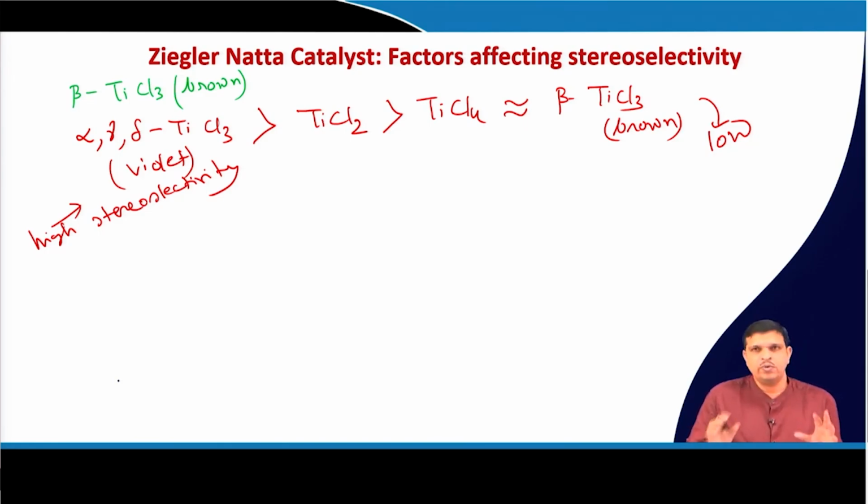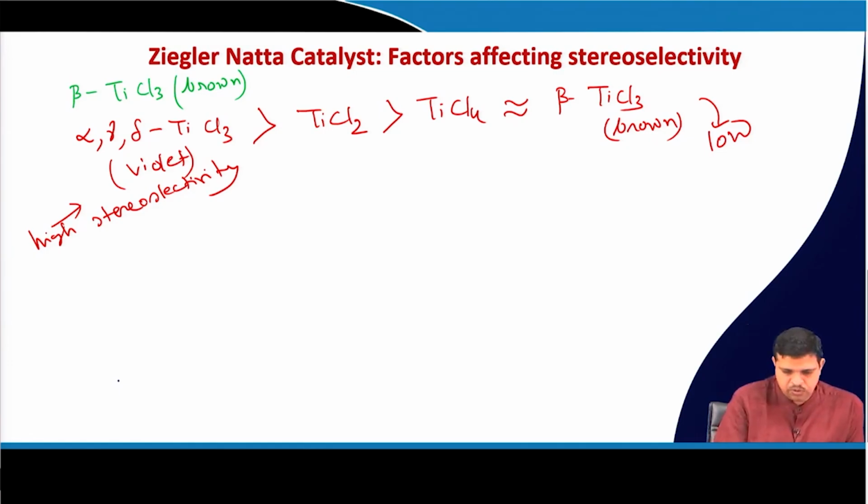But I will try to explain, in a very qualitative way, what factors govern the different crystallinity and how this dictates the stereoselectivity. So let's try to list them out.